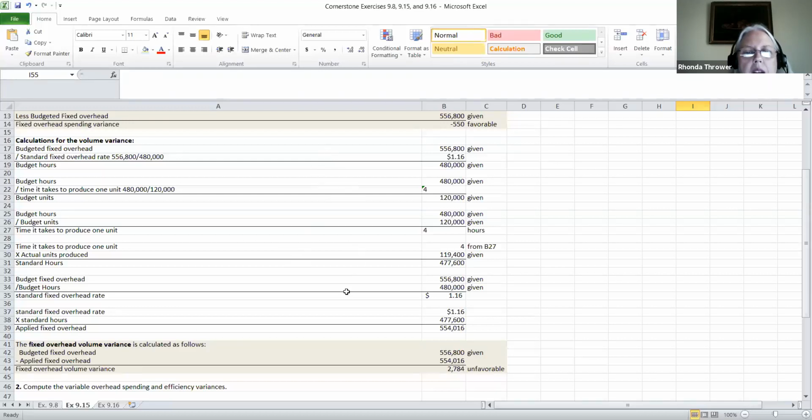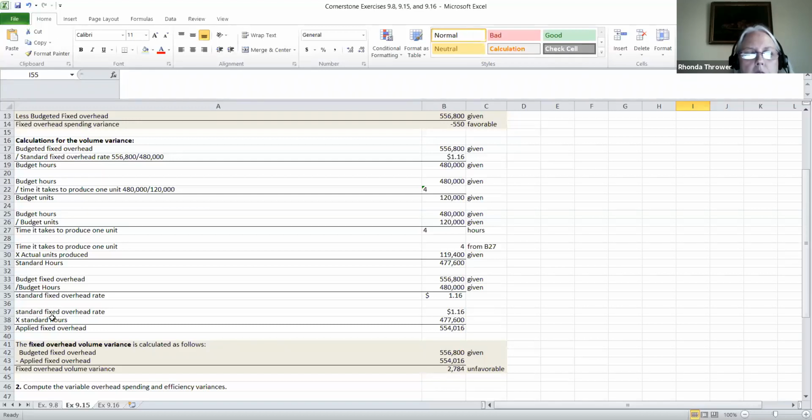You have to figure out some information because you're going to need to know what your budgeted fixed overhead is, which happens to be given to you, but your applied fixed overhead is not given to you. So you're going to need to know how to determine your applied fixed overhead. And right here is where they're showing you the formula to determine your applied fixed overhead.